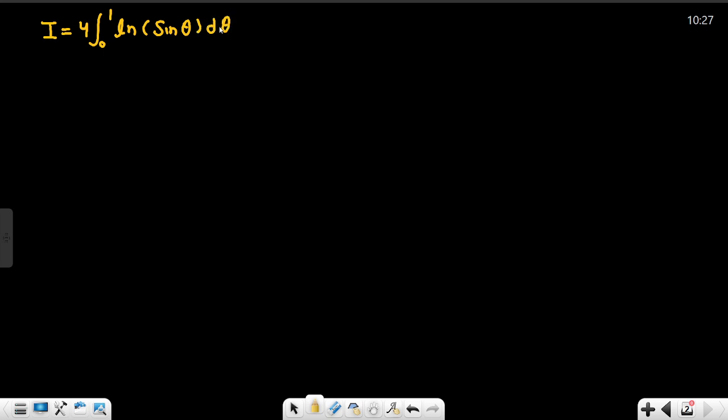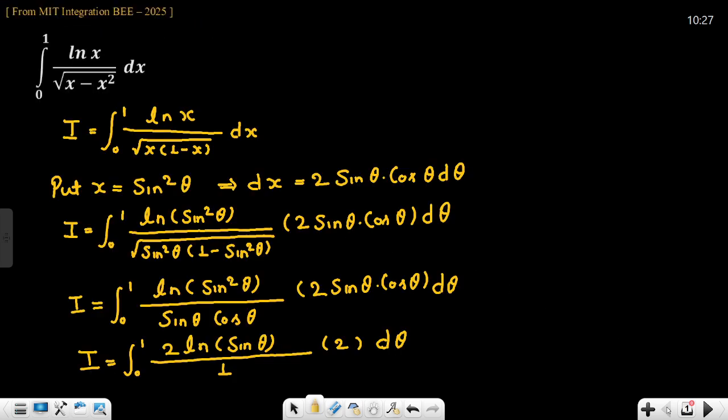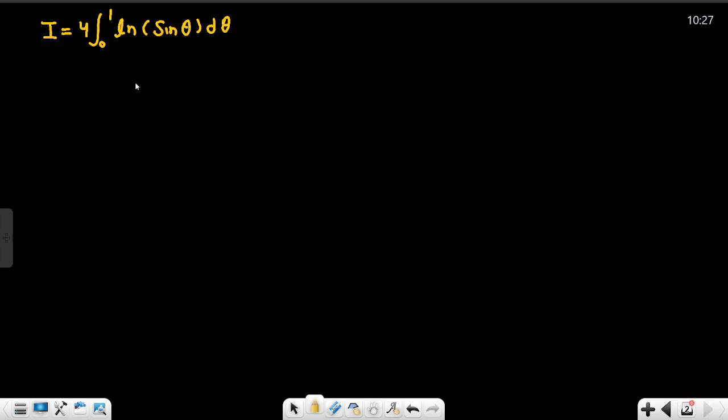Okay. Now, that is a mistake. Actually we put the limit here too, so sine squared theta is 1, so theta is pi by 2, right? So the limit will change to pi by 2, okay.